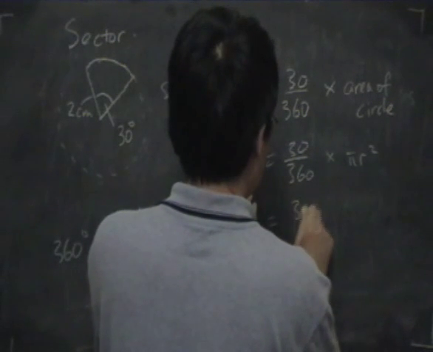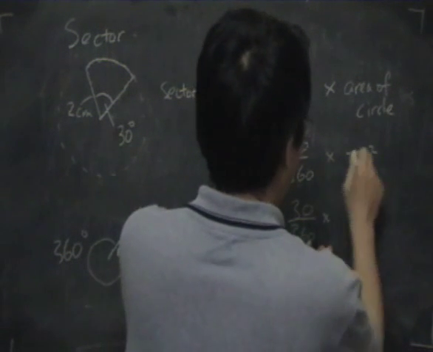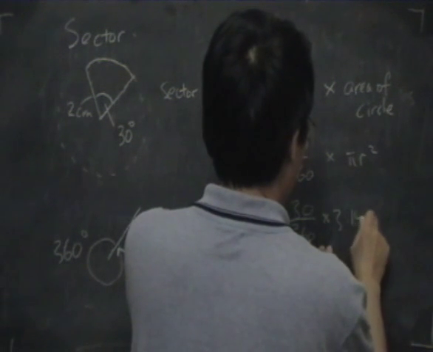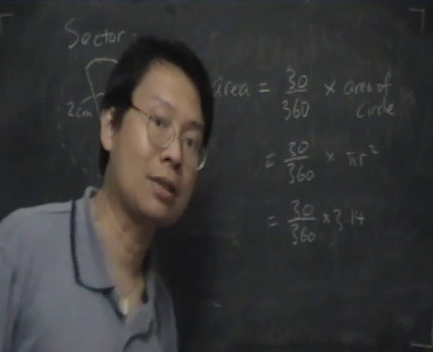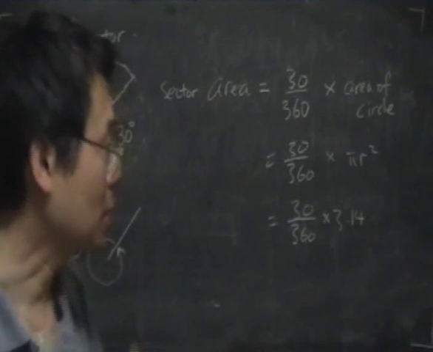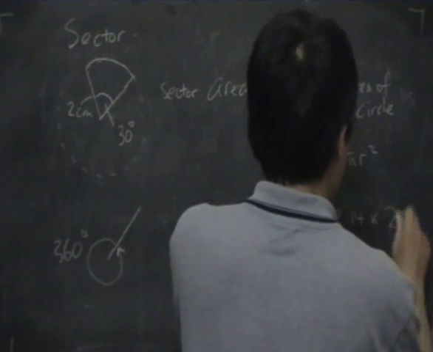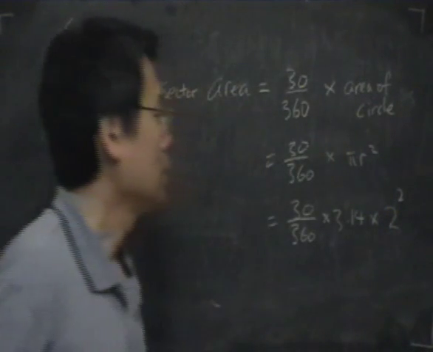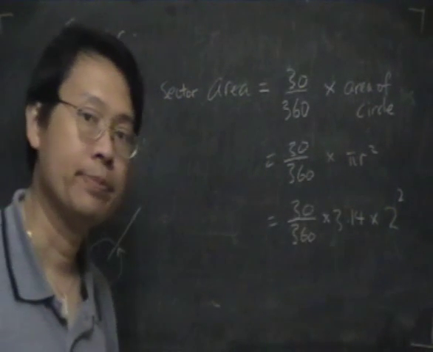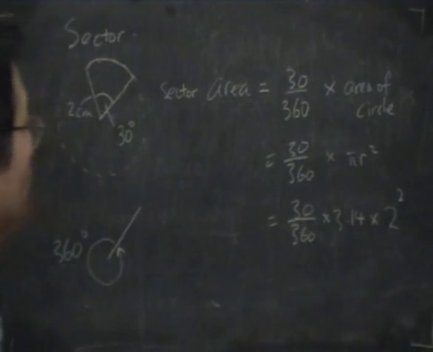So we can do 30 over 360 times pi, which is about 3.14, or you can use the precise value from your calculator, times r squared, which is 2 squared. And then you can use your calculator to find this answer.